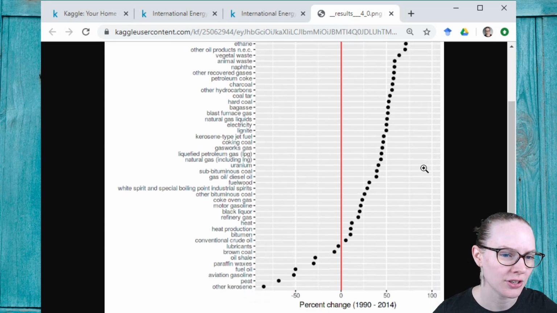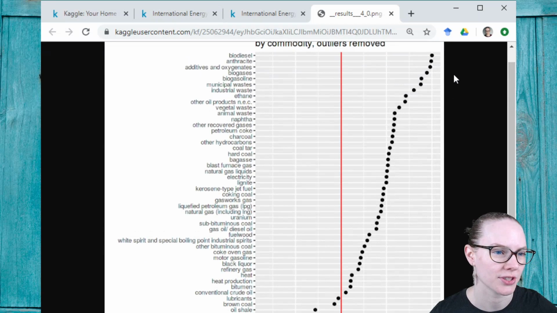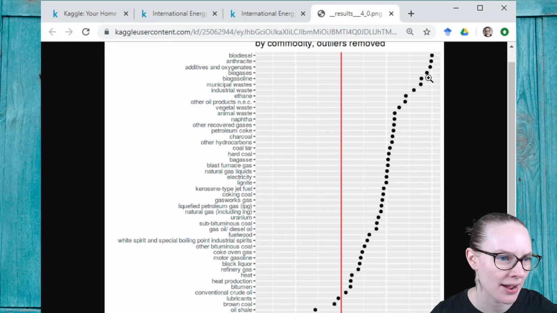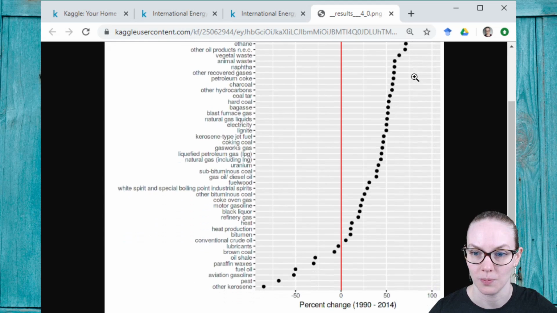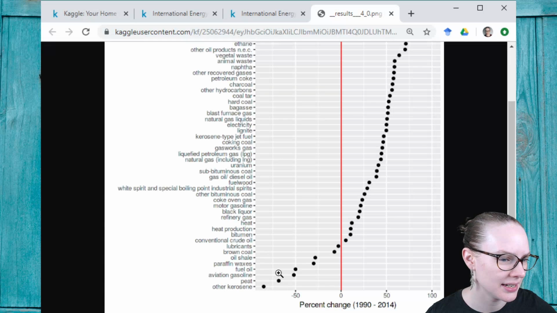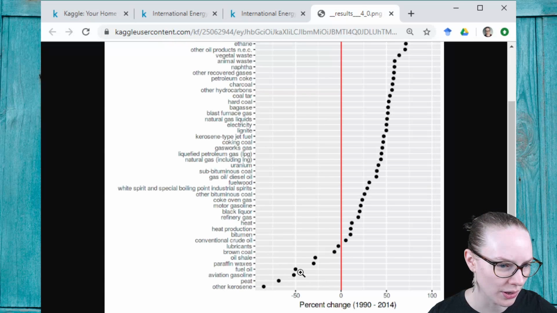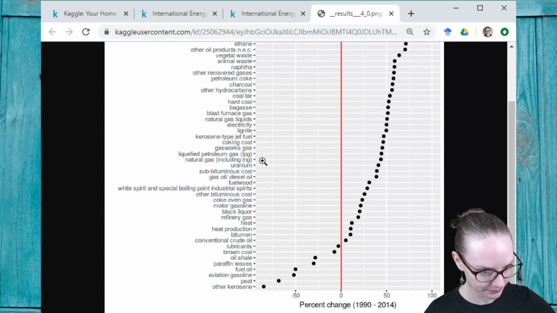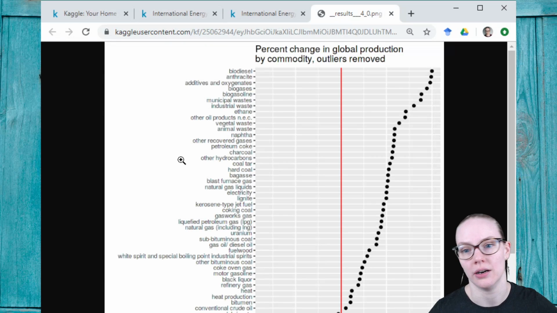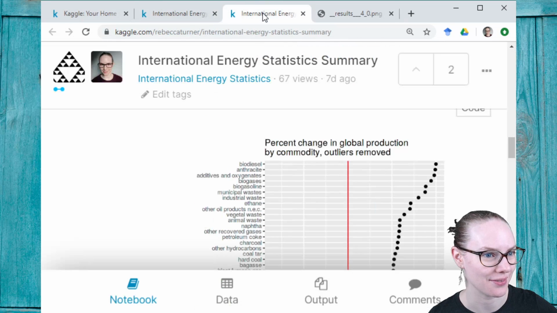You can see biodiesel production was up almost 100%, anthracite almost 100%, additives and oxygenates, biogases, biogasoline, municipal waste, industrial waste, ethane, all really increased. And things that decreased: kerosene, peat, aviation gasoline, fuel oil, paraffin waxes, oil shale, etc. So this is just a high-level visualization of one of the many things that you could look at with this very rich data set.